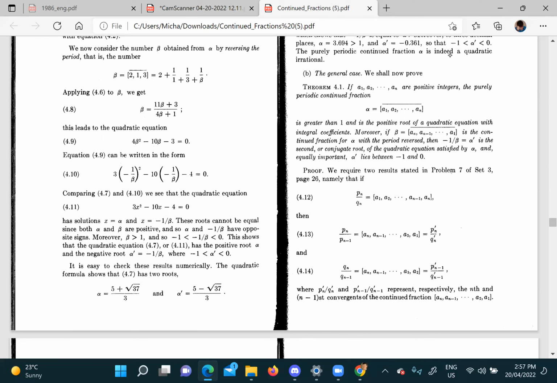So these roots cannot be equal since one is positive and one is negative. Moreover, beta is greater than 1. Why is that? This starts with a 2.